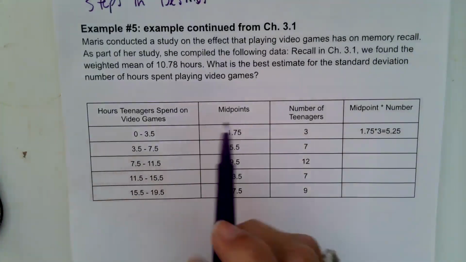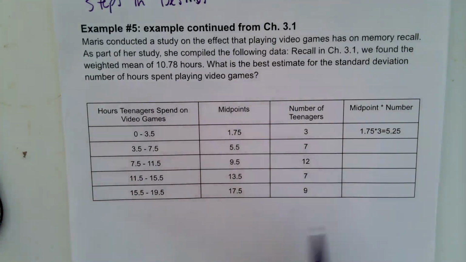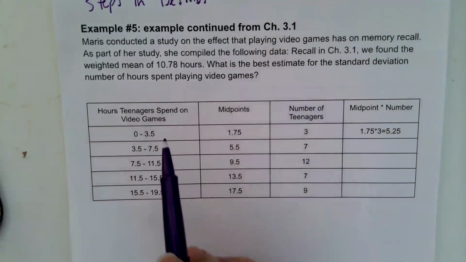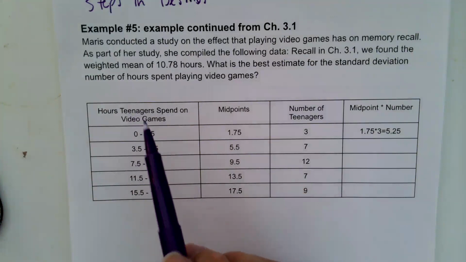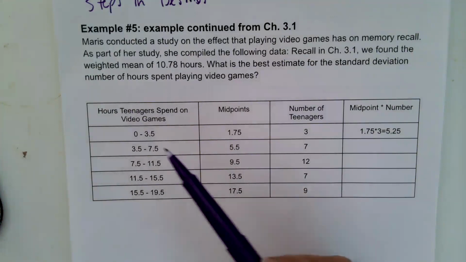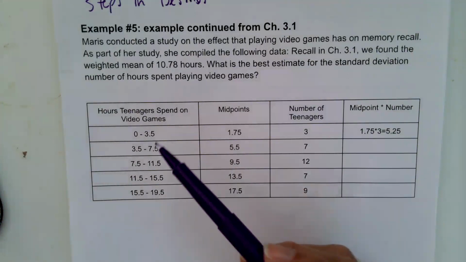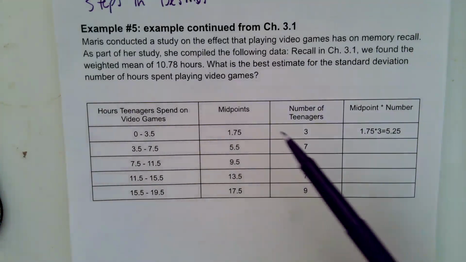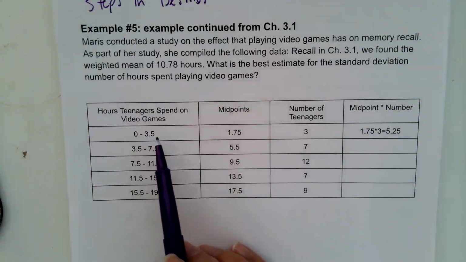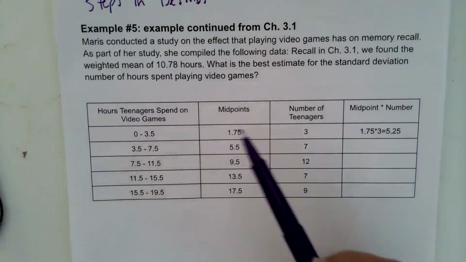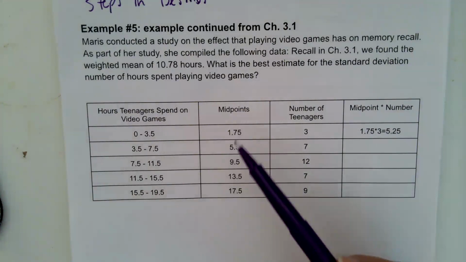So if we go back to the example we looked at in chapter 3.1 on finding the weighted mean, we were talking about hours that teenagers spend on video games. We had grouped that data into these classes. And so there were 3 teenagers that spent between 0 and 3.5 hours on video games. With grouped data, we learned that we have to have midpoints.